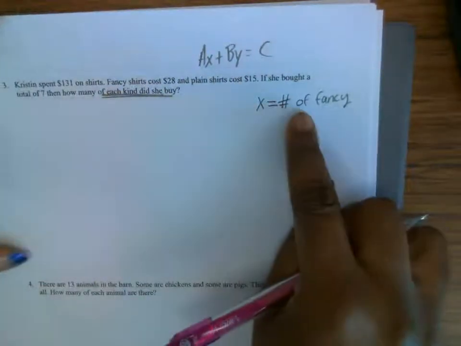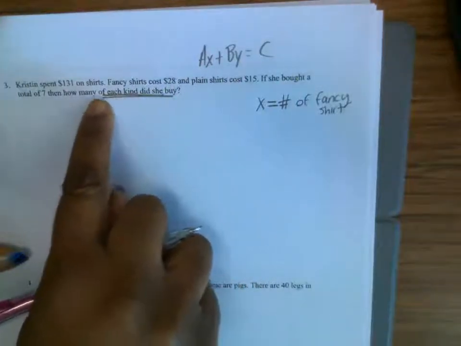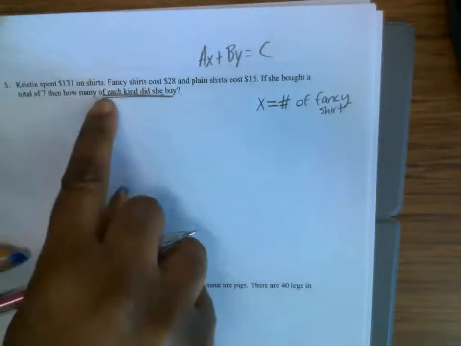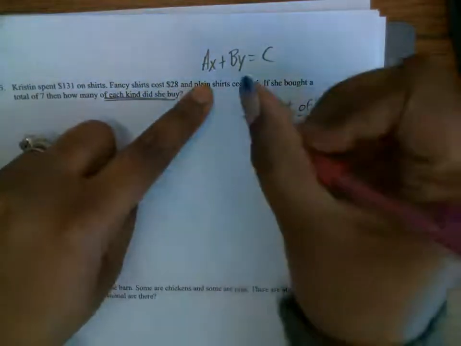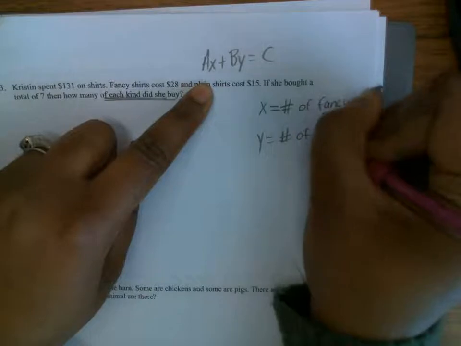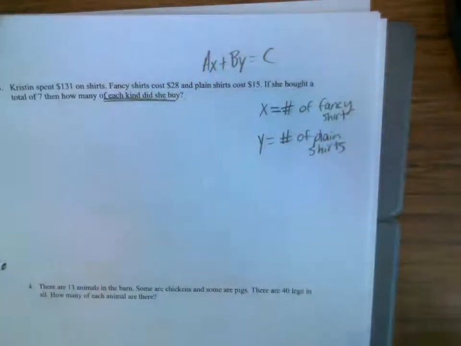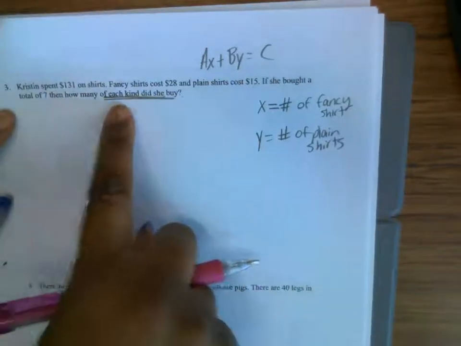So X represents the number of fancy shirts. The other thing that they don't know, this is the question, is how many plain shirts. So Y is going to represent the number of plain shirts. Any questions about how I know what to declare my variables as? These are my two unknowns. Where did I get my unknowns from? The question.